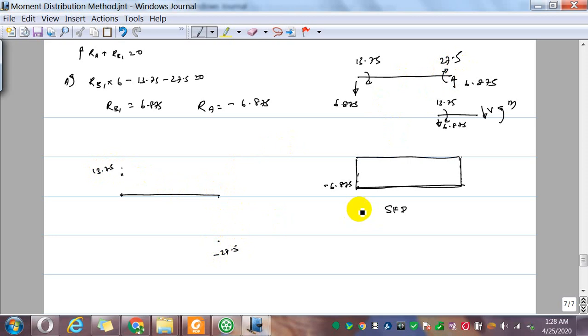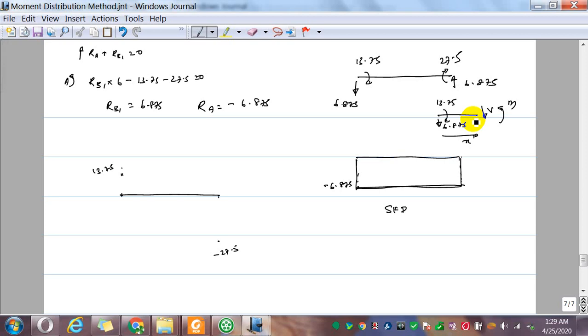And you know that the first derivative of the bending moment diagram is the shear force. So if the shear force is constant, the bending moment diagram is linear. Even if you take an arbitrary section X, taking equilibrium, M minus 13.75 plus 6.875 into X is equal to 0.